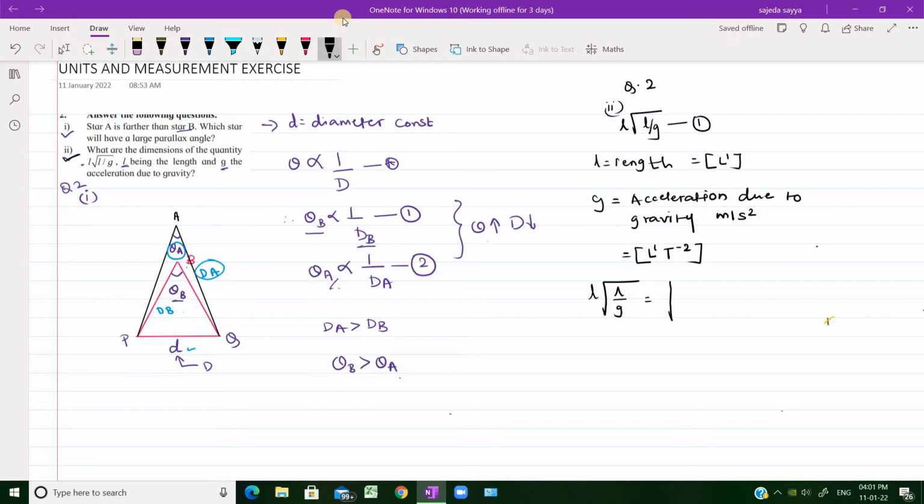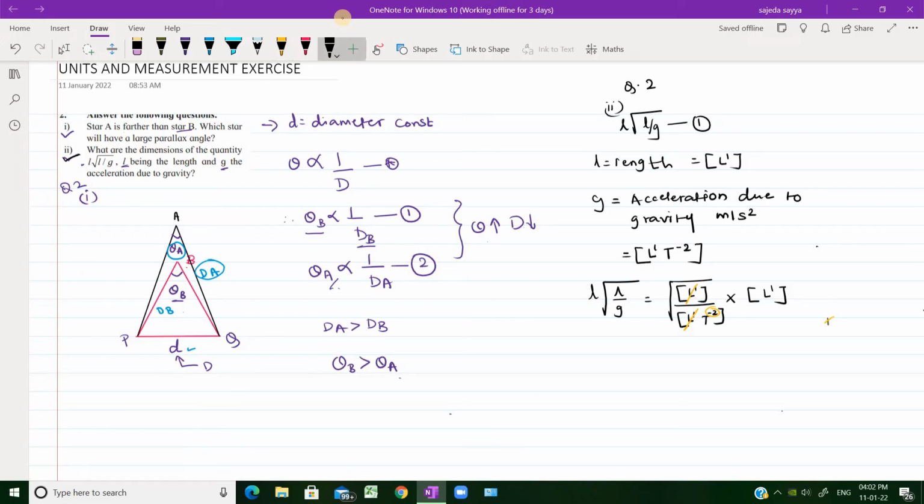Substituting the dimensions: L raised to 1, acceleration due to gravity L raised to 1 T raised to minus 2, into outside the square root, it is L raised to 1. Now cancellation: the numerator L raised to 1 cancels with the denominator L raised to 1, and this T raised to minus 2 shifting to the numerator becomes plus 2.